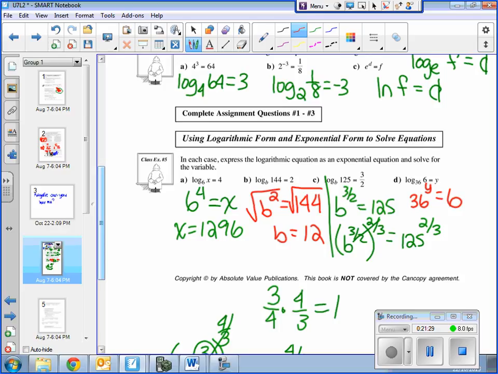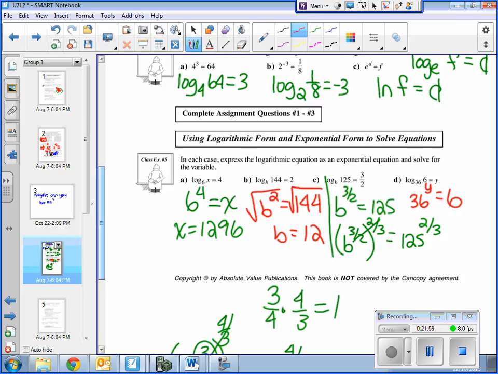No matter what you do with your y, can't you just solve for 6 to the y squared? You could just look at this one and see, how do you get from 36 to 6?